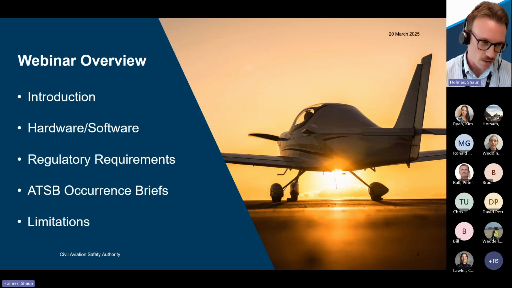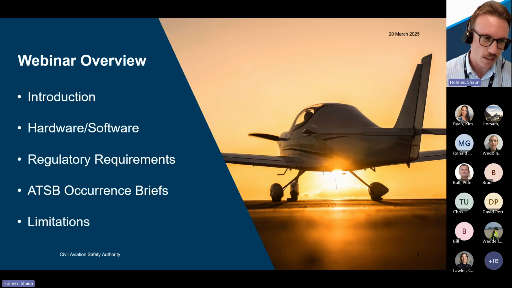We won't be diving into any of the specific functionalities or capabilities of any of the main software application providers, but a good opportunity to look at more broadly what can an EFB do and how should we be using it safely and effectively. So to go with that, we'll look at the hardware and software, whether it's a portable item or something different, and what kinds of software we can use just to get a base of understanding on what we can take in the aircraft with us or have in the aircraft that's fitted.